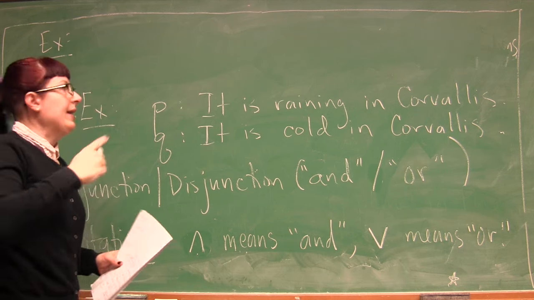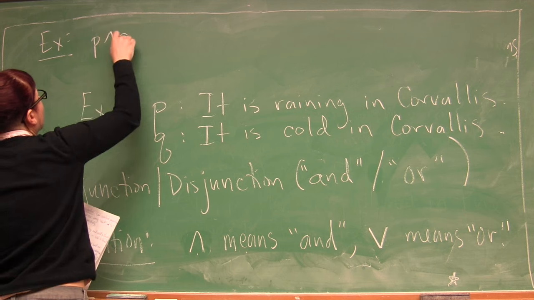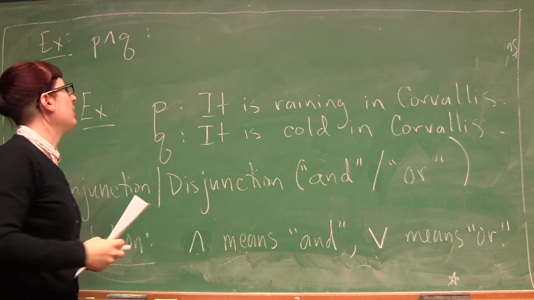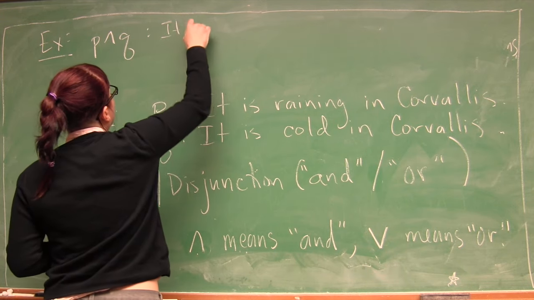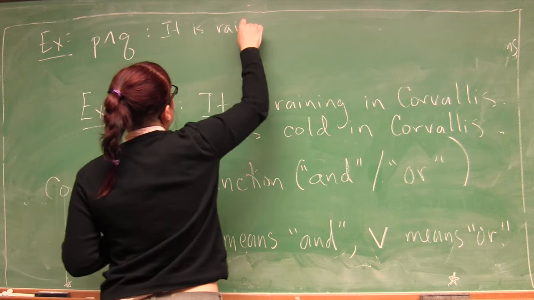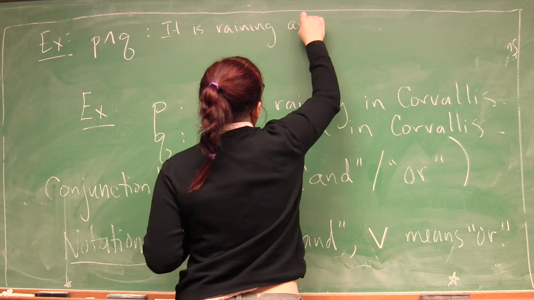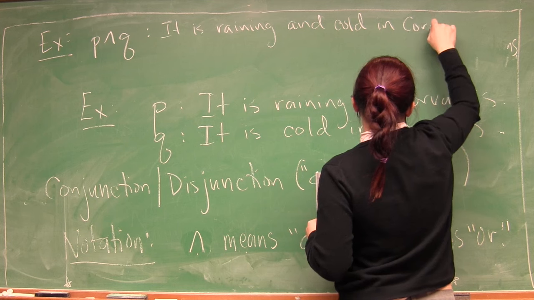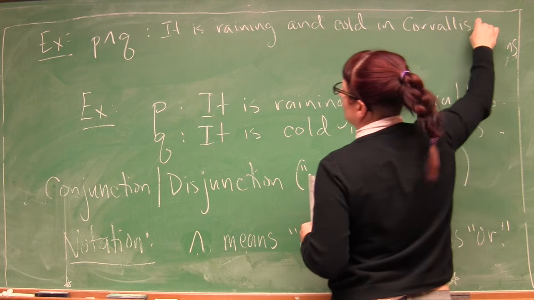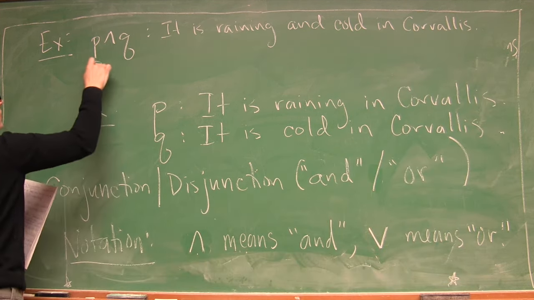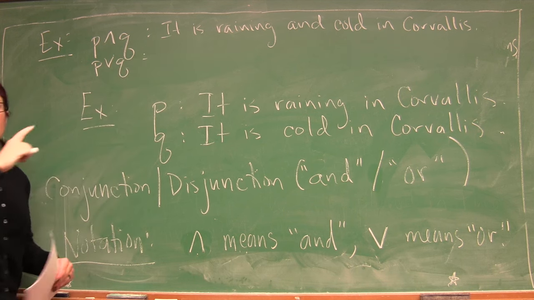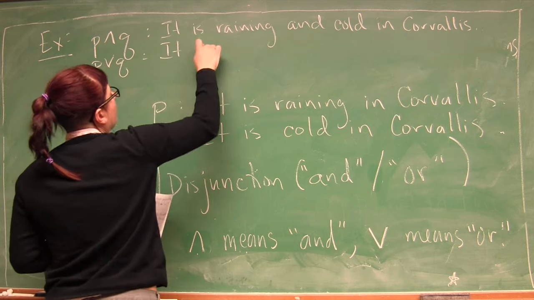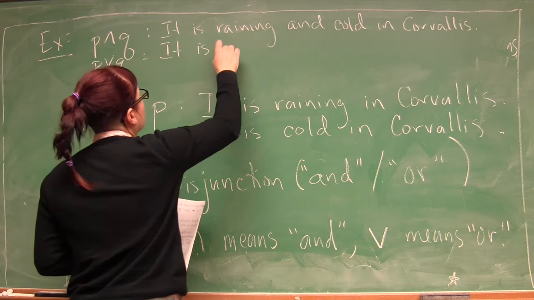If we write P and Q with this notation, this means it is raining and cold in Corvallis. Likewise, P or Q means it is raining or cold in Corvallis.